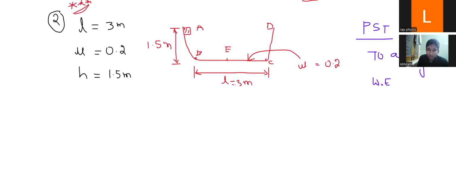I will give you a hint. Here the body is moving from B to C. Which type of forces are acting, and what type of work is done?